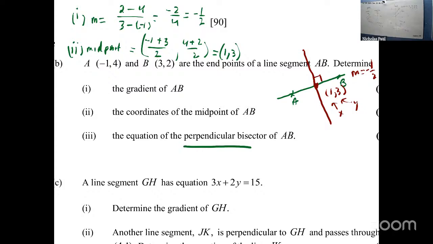So therefore, can anybody tell me the gradient of the red line? The green line has a gradient of -0.5. What do you think is the gradient of the perpendicular red line?